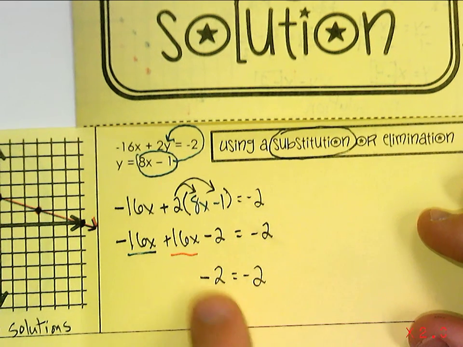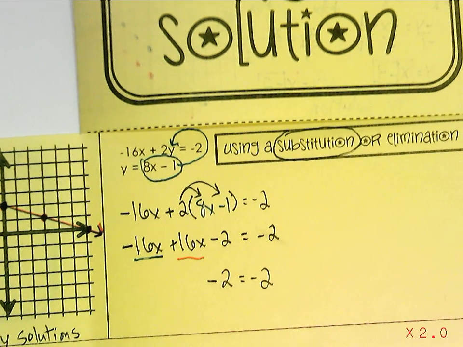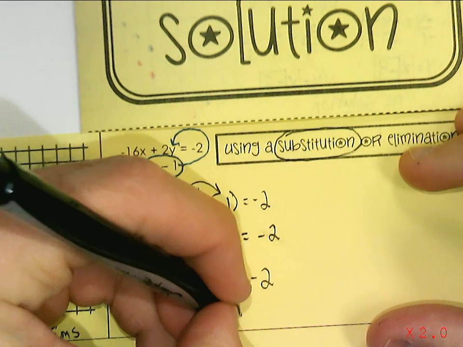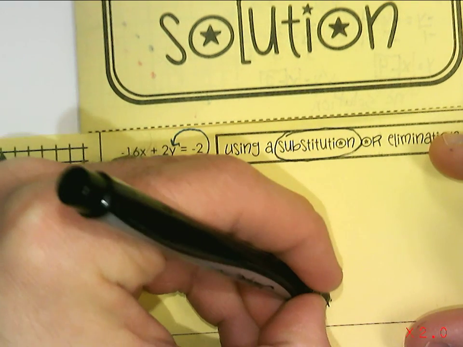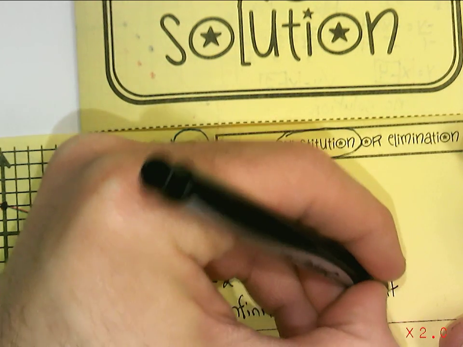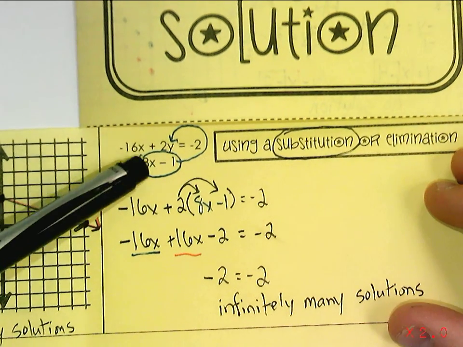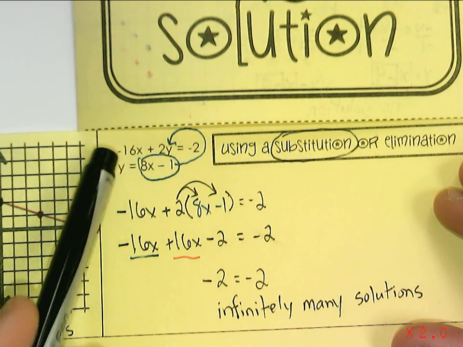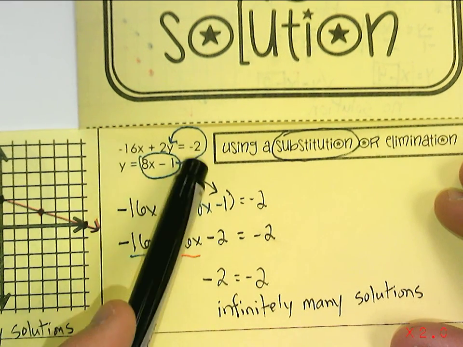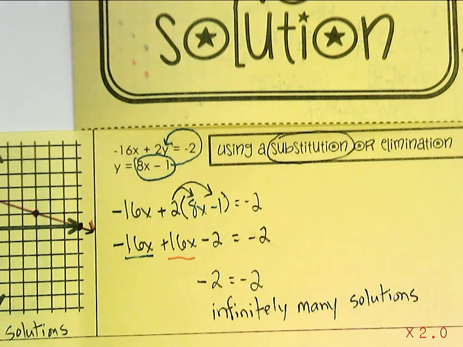Since we have one number equal to itself, we know that we have infinitely many solutions. Which means that both of these lines are the same exact thing. So if we were to change this top equation into slope-intercept form like this bottom one, we would see that we'd have a slope of 8x and a y-intercept of negative 1.